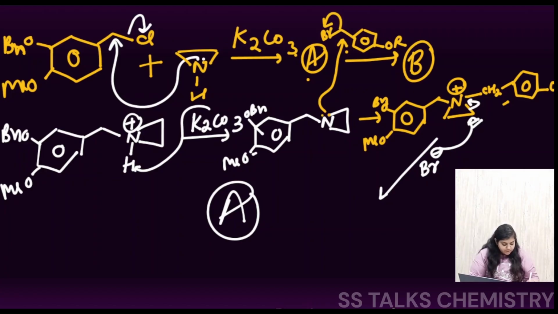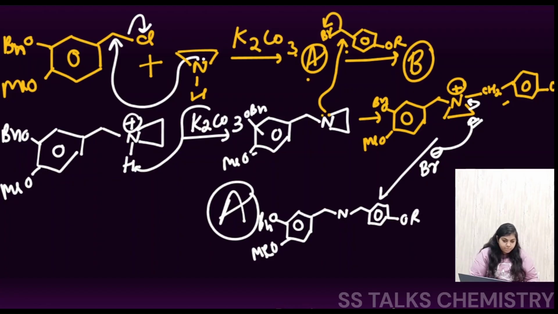Leading us to the final product, in which this ring remains the same. Here the substituents OBN and OMe remain intact, and here CH2 with the nitrogen has formed the bond with this six membered ring, that is your benzene, with the OR group, right?